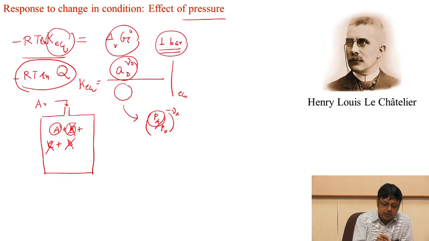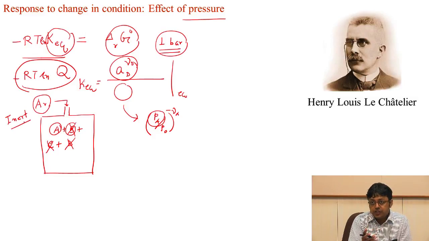It doesn't matter if I introduce argon or some other gas. We are introducing an inert gas to make sure that it doesn't interfere with the ABCD system, so it should not react by itself. If it reacts, then it's a different story. We're just increasing the pressure.